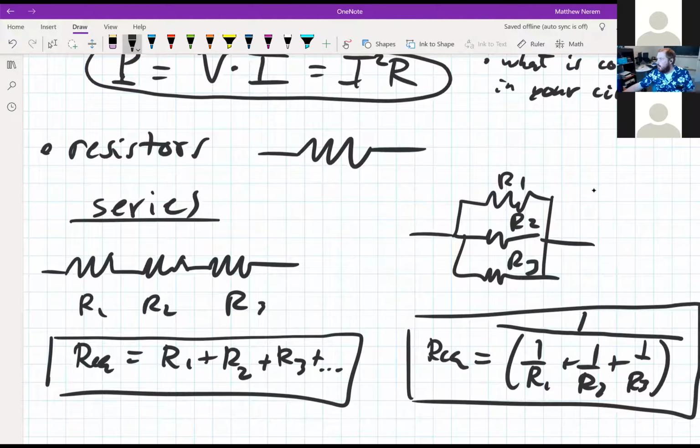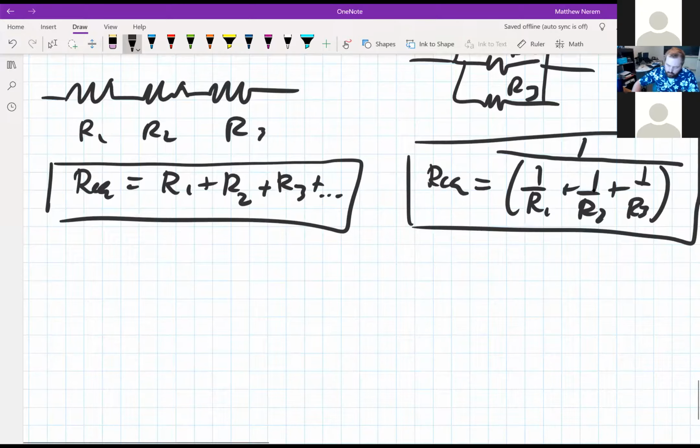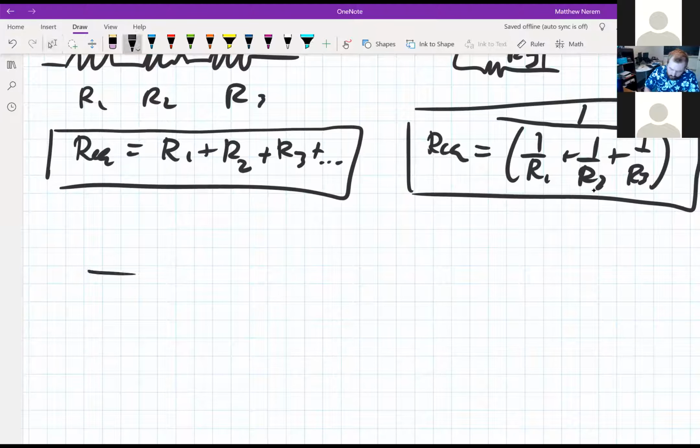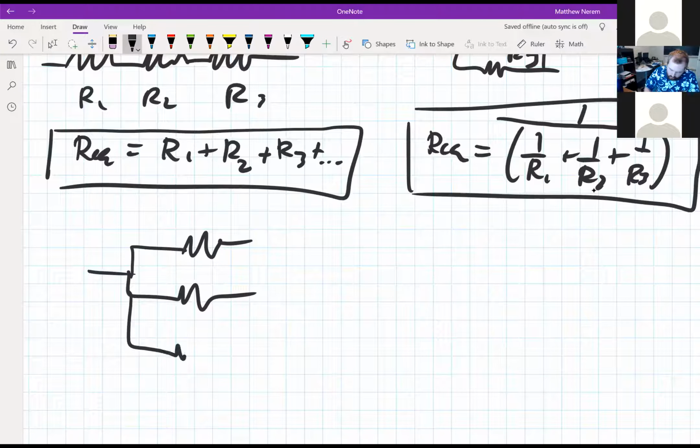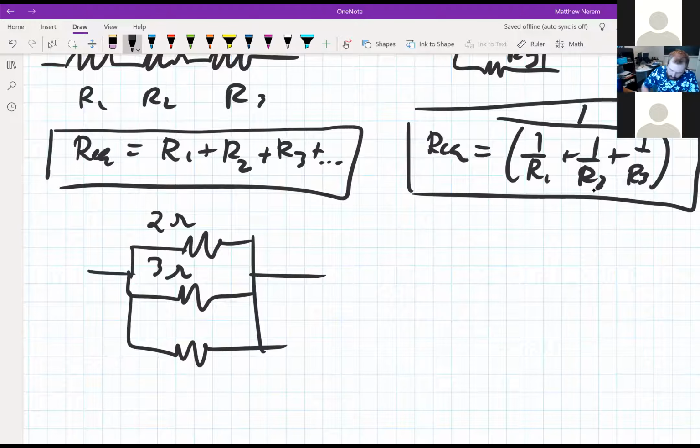Hold on a second. Okay. Let me write this one out explicitly. Let's say this is my circuit. Let's say this is 2 ohms, 3 ohms, 6 ohms.